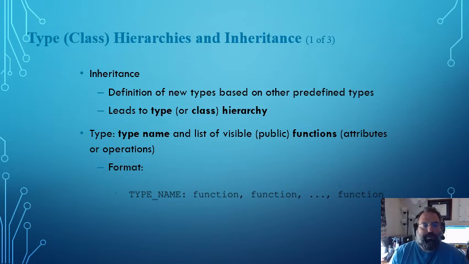Type or class hierarchies and inheritance. Inheritance is basically the definition of new types based upon other predefined types, which leads to a type or class hierarchy. It has a type name and a list of visible public functions, attributes, or operations. The format is type name : function, function, function. The basic idea here is that you're defining a particular behavior, or type of object, based upon ones that you have previously defined.